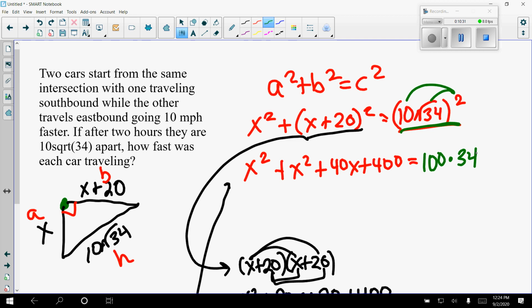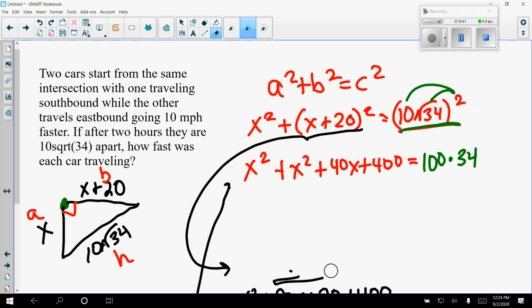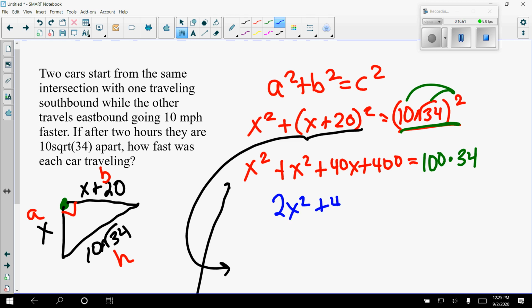So that's just 34. Okay? So as I go, I'm going to erase this, and if you want to look at it, you can, because you can move on. We get rid of some of this down here and smooth things out. I'm going to start combining like terms now. So this would be 2x squared plus 40x plus 400. This would be 3,400 when I multiply this.